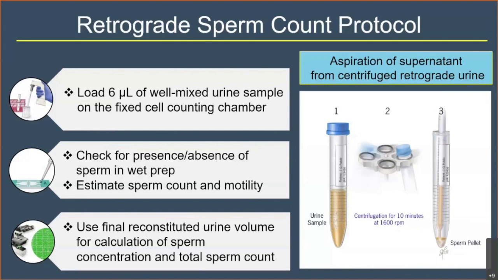The important point to understand here is that the final reconstituted urine volume is used for calculation of sperm concentration and total sperm count, which are both reported. And on the right side is an illustration with centrifugation and aspiration of the sperm pellet.